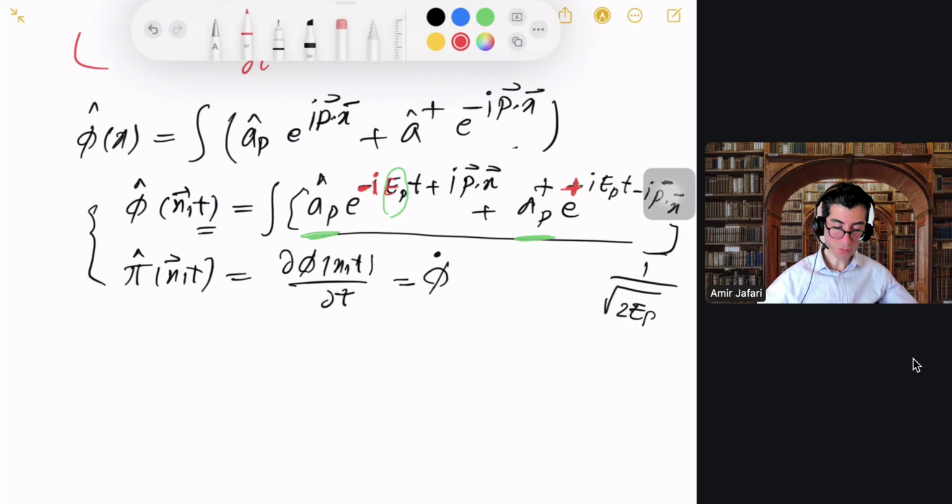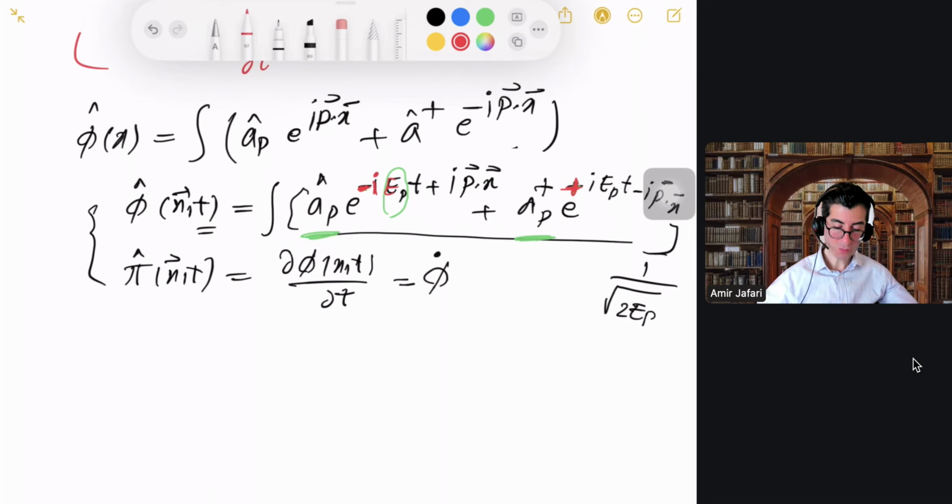The free solutions for this equation have this form, e^(-iEt + ipx). So you need this minus sign here in order to get positive energies in non-relativistic quantum mechanics.